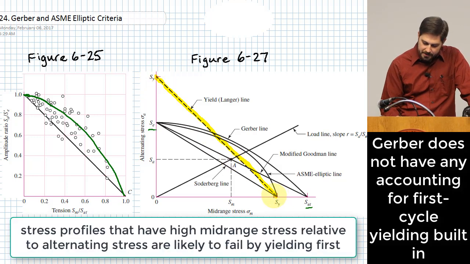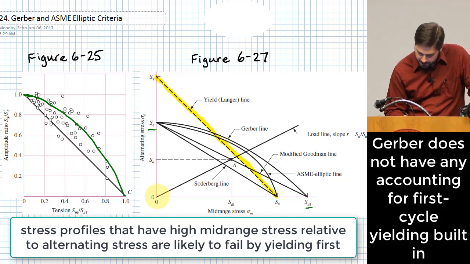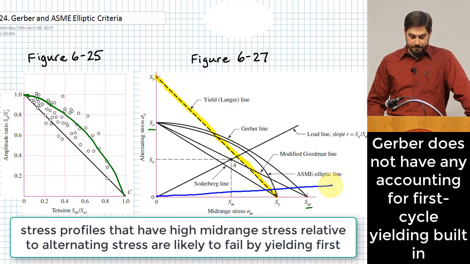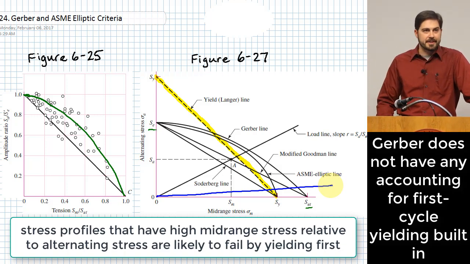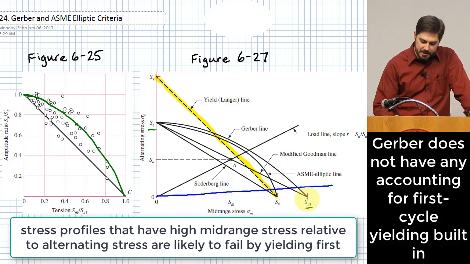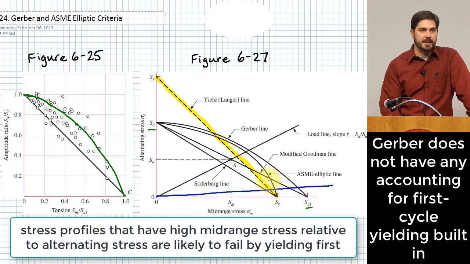And what you notice is that, especially if the load line has a very shallow slope, like a load line going out this way, you end up with a large disparity between where the Gerber line says there would be failure and where the Langer line says there would be failure. In other words, there would be yielding quite a bit before your Gerber line would predict some kind of a failure. You see how that works?